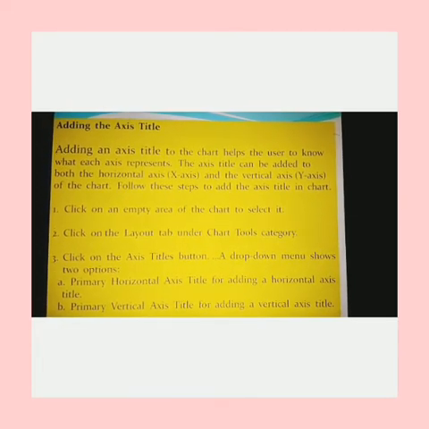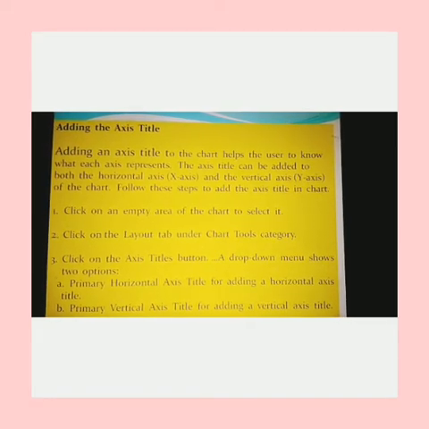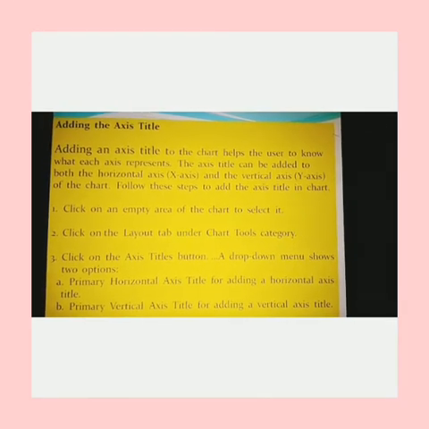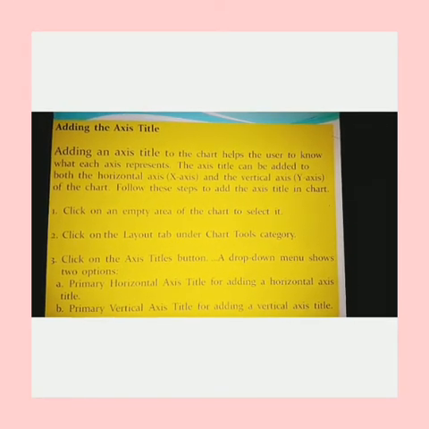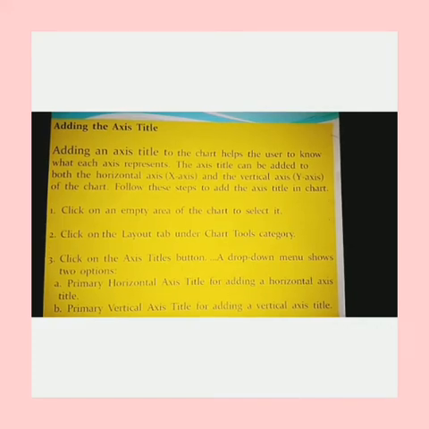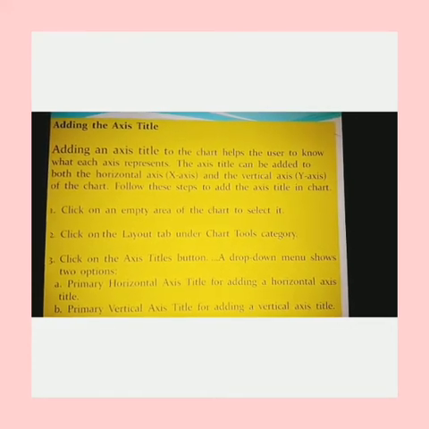It's very important. First is Primary Horizontal Axis Title, for adding a horizontal axis title, meaning horizontally. And second is Primary Vertical Axis Title, for adding a vertical axis title.